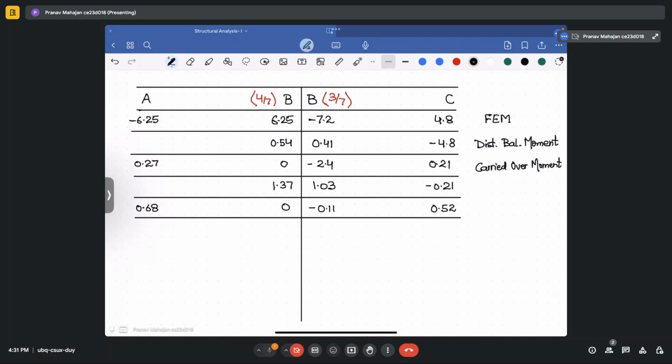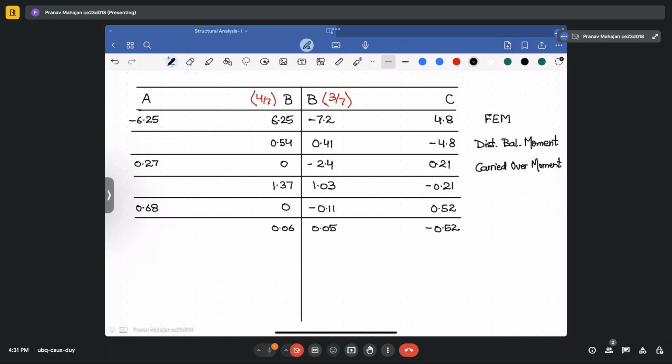Now again, since these are carryover moments, we will make these unbalanced moments balanced again using balance moment consideration and distribute them based upon their distribution factor. So that will become 0.06. This will become 0.05. This will become minus 0.52.